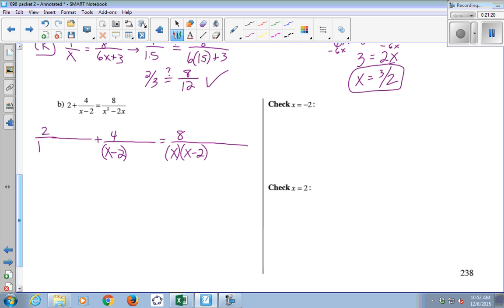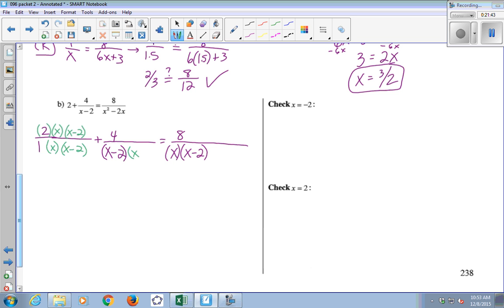Now I build my common denominators. The first fraction, 2 over 1, it needs an x minus 2 and an x. The second fraction, what does it need? An x and a 1. Yep.